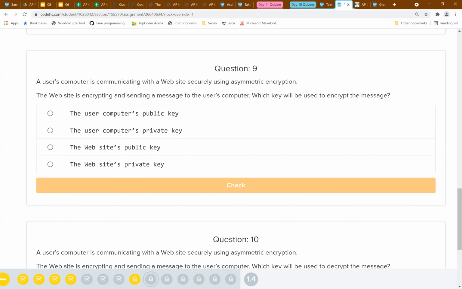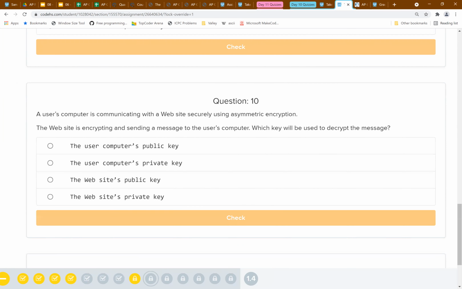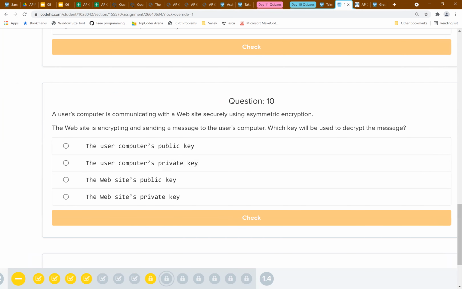The website is encrypting and sending a message to the user's computer. Which key will be used to encrypt the message? Here, we're going the other direction. The website is sending us a message, so the website will use our public key. And when we get that message, we will use our private key to decrypt it.